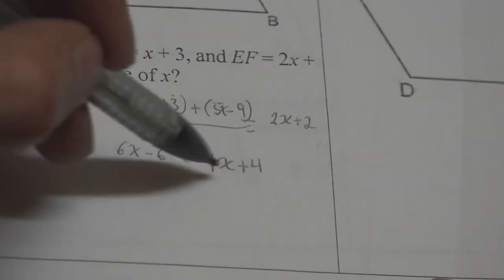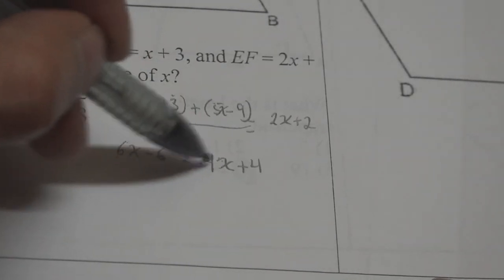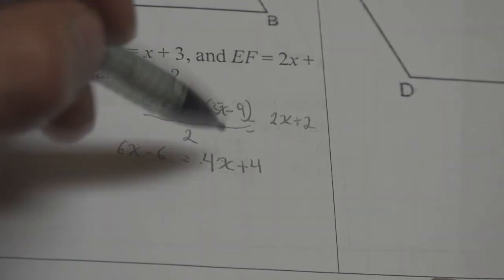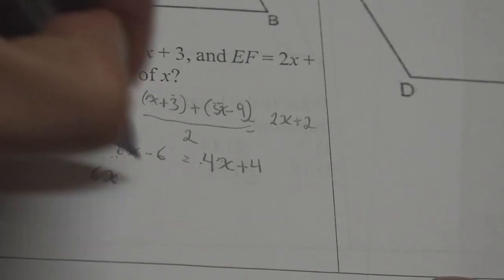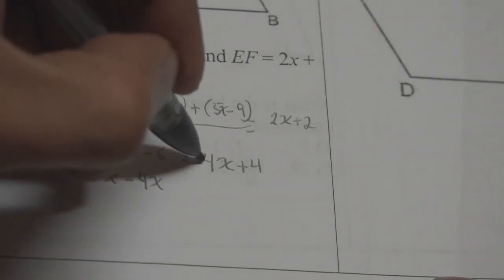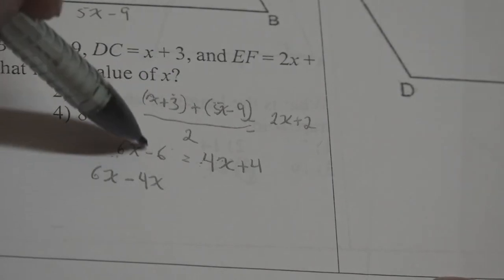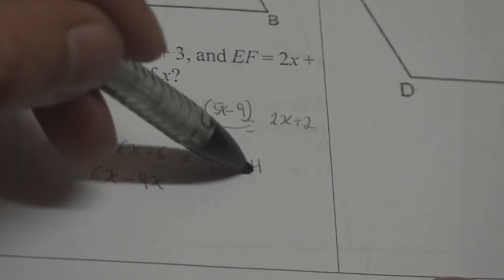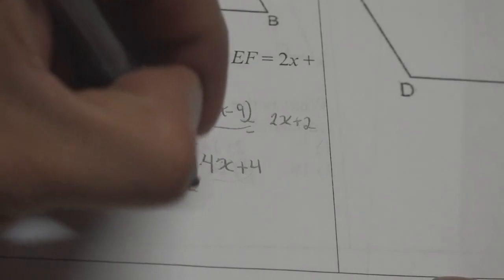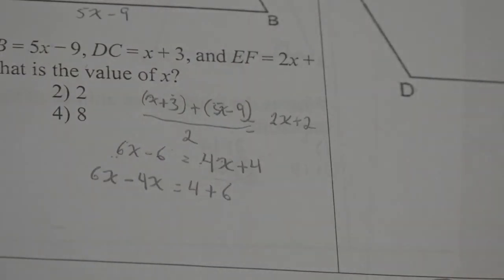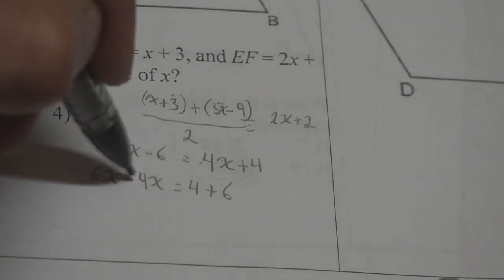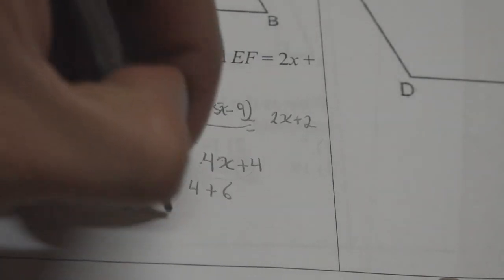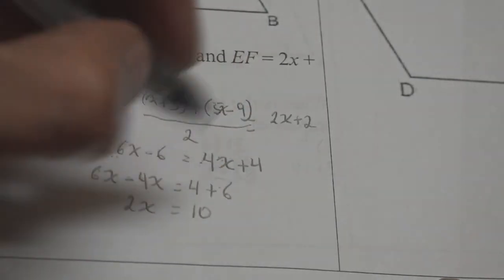I am going to take this 4x and put it over here, so I end up with 6x minus 4x because I subtracted 4x, and at the same time I'm going to add 6 to both sides, so I get 4 plus 6. That's Becker style. If you don't understand, you could just ask again and I'll explain it to you. All right then, so 6x minus 4x is 2x. 4 plus 6 is 10.